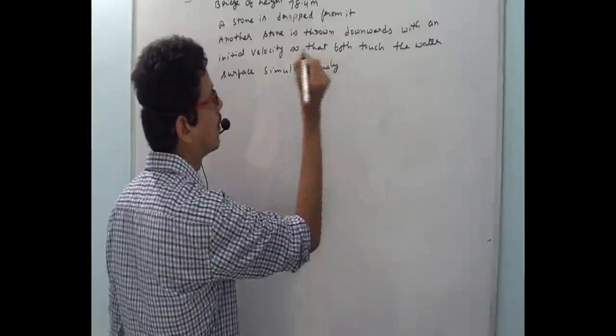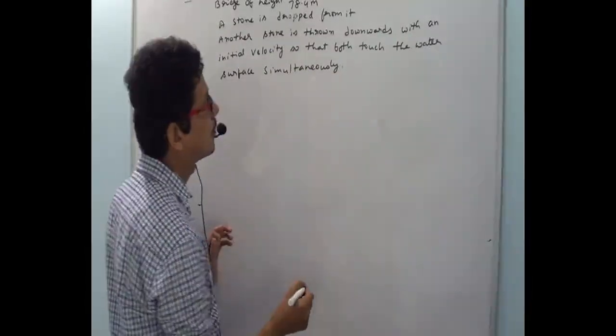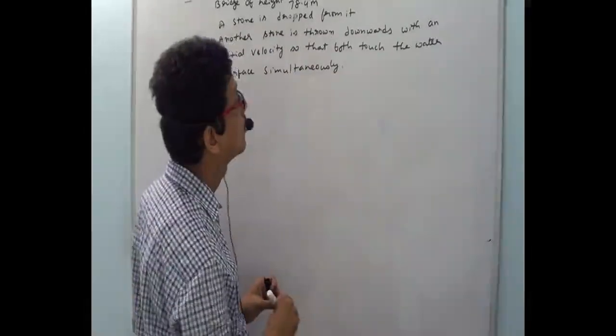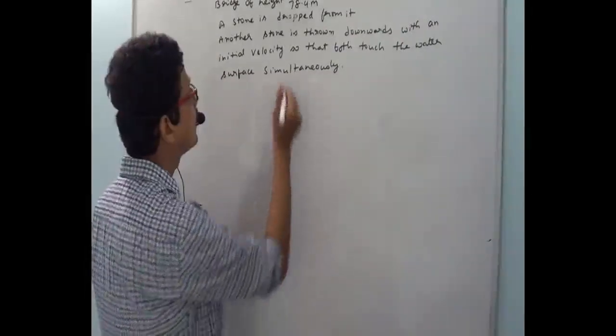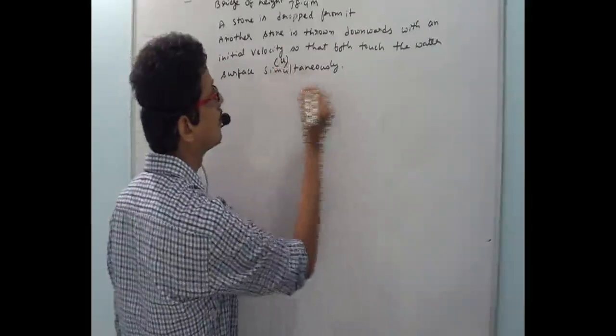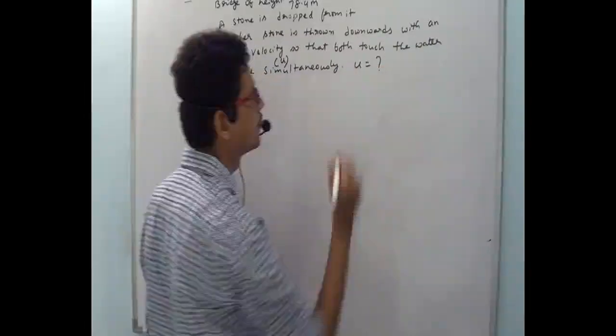Okay, what is the speed the second stone is thrown downwards with an initial velocity u? What is u?